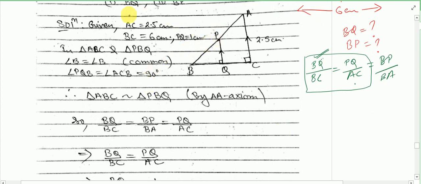Given AC is 2.5 centimeters, BC is 6, PQ is 1. Now in the bigger triangle ABC and the smaller one PBQ, this angle is common, and here 90 and here 90, so two angles are equal. So by the angle axiom, these two are similar, and therefore the sides are going to be proportional.